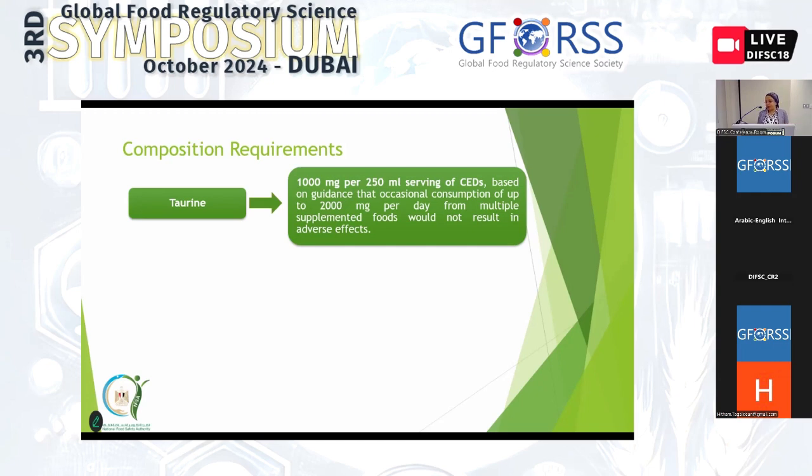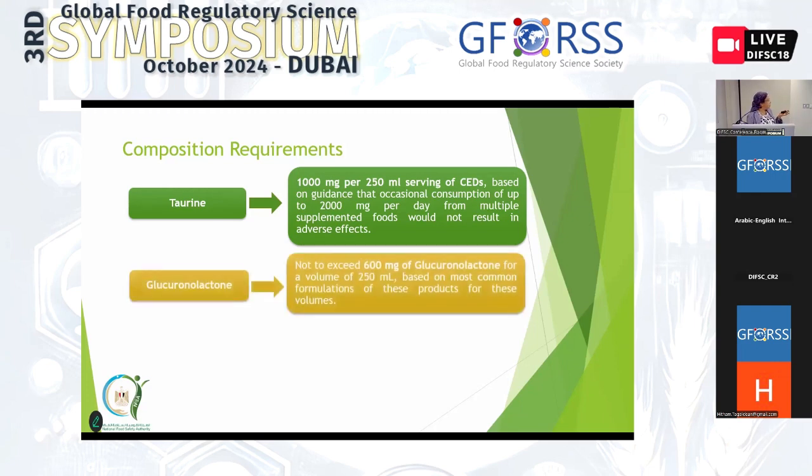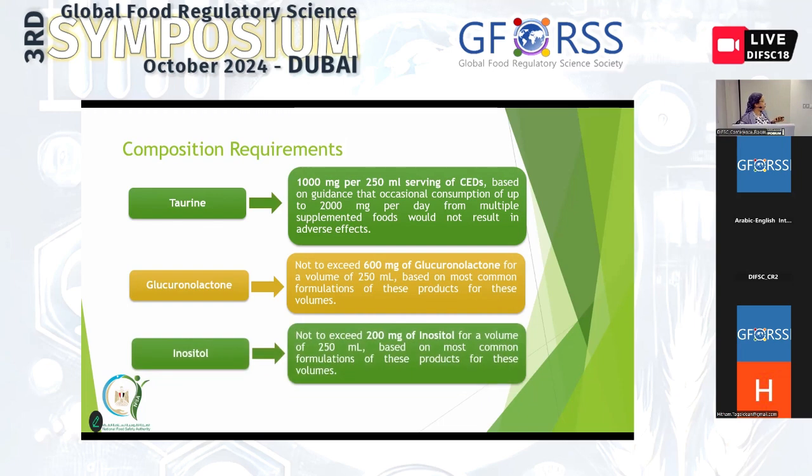So having a maximum of 1,000 milligrams would be considered a safe amount. As for glucuronolactone, it will not exceed 600 milligrams per 250 milliliter serving. For inositol, it will not exceed 200 milligrams for a volume of 250 milliliters.